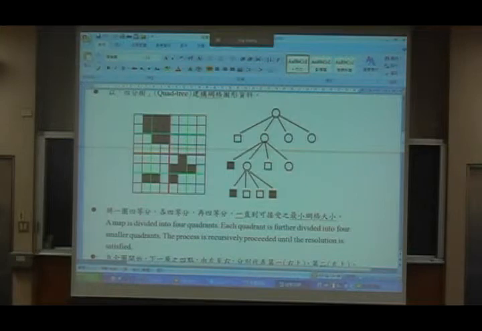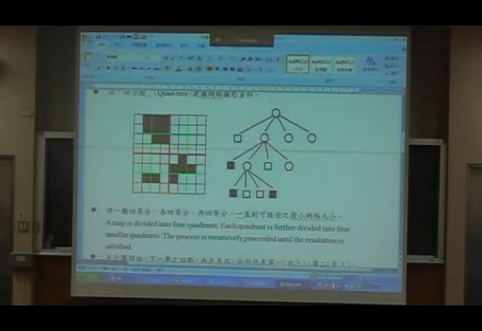Here we find that in quadrant 1, all the cells are white, so we can represent it as a white square. Okay? And in the second quadrant, since they are white and black, we got a circle.